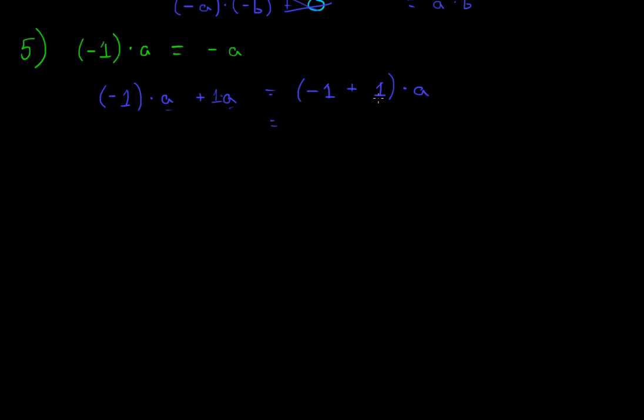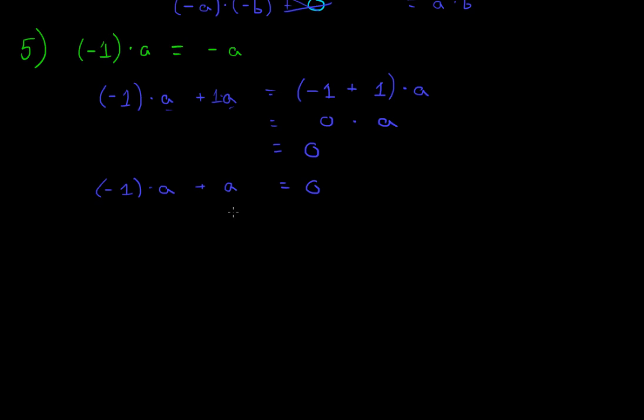All I've done is factored this a out. But now we have an element and we're adding its additive inverse to it. So this is just 0 times a. Again, 0 times anything is 0. And now we have a string of equalities. We can say that negative 1 times a plus a is equal to 0.